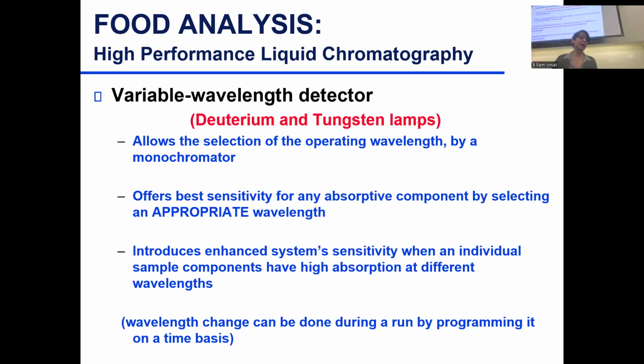That would be really nice. And sometimes you set to change the wavelength between 1 minute to 10 minutes, and then between 10 minutes, 20 minutes, you can change that set wavelength. So the wavelength is lambda.